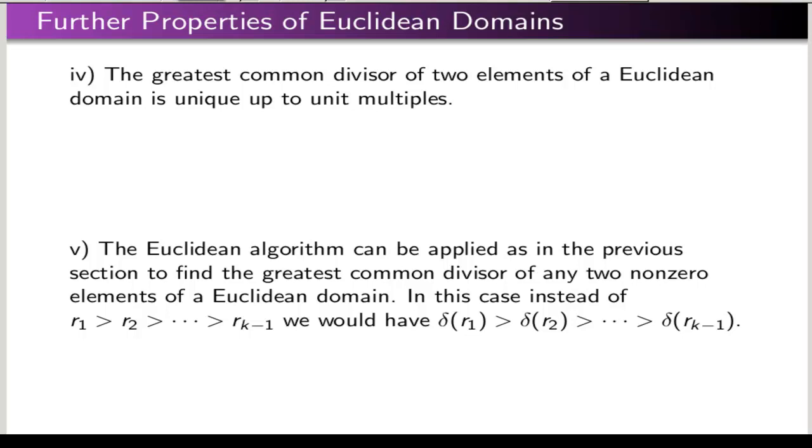Okay, item 4. The greatest common divisor of two elements of a Euclidean domain is unique up to unit multiples. So one direction of this is straightforward. If we have GCD of A and B equals D, I can also say that DU is a greatest common divisor for any unit.